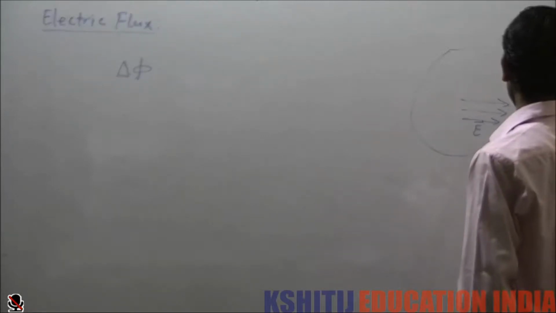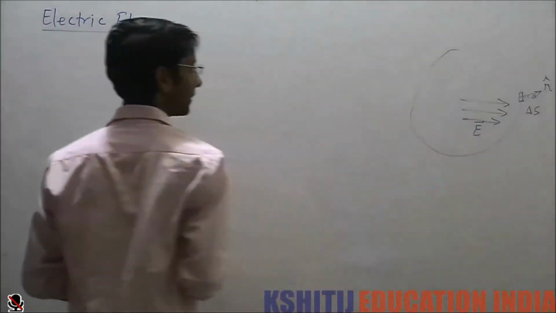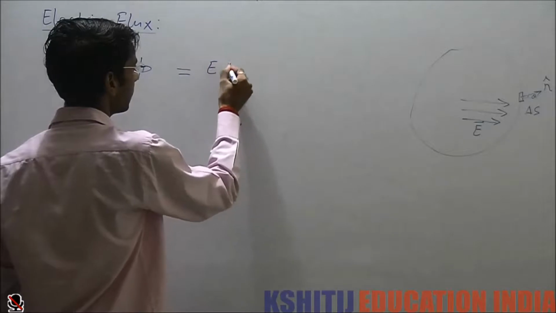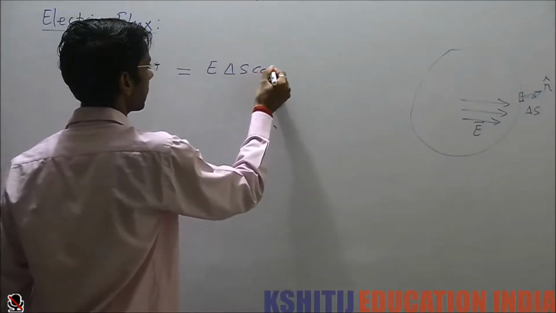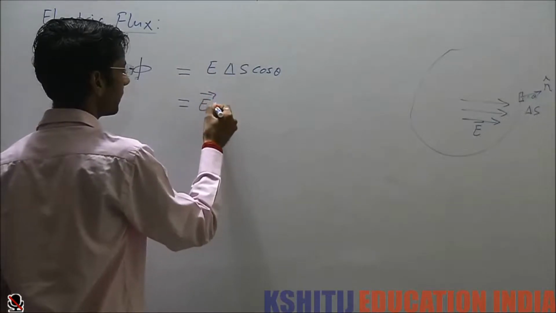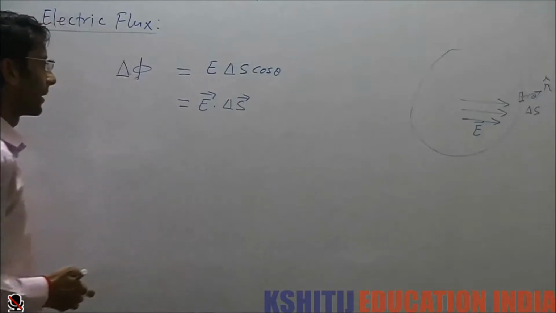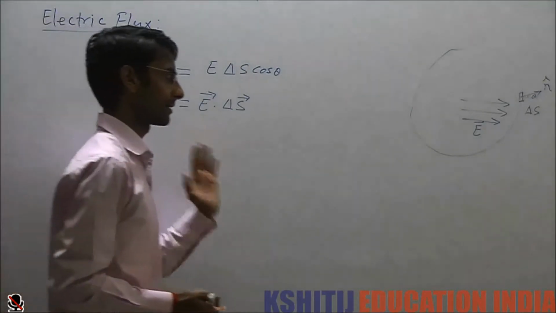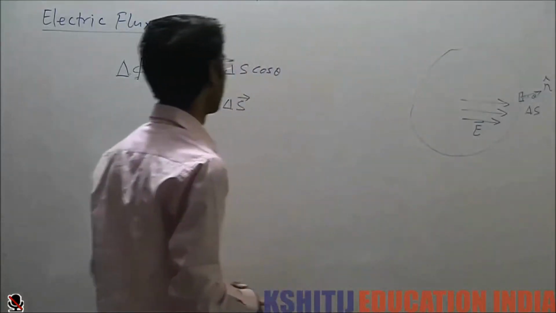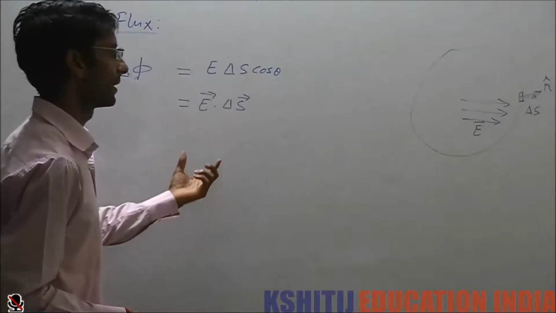This is the normal direction, and it has delta S as the surface. So we decided that this is E delta S cos theta, or the same thing can be written as E dot delta S, where E is the electric field vector present in the region, and delta S vector is called the surface area vector.